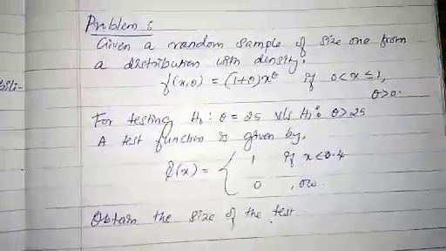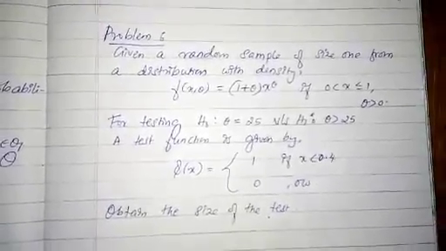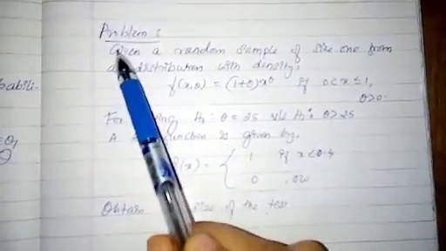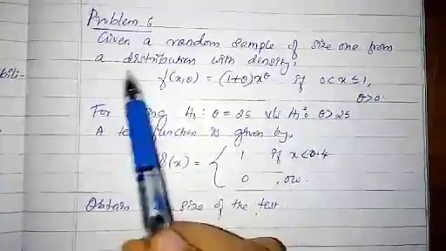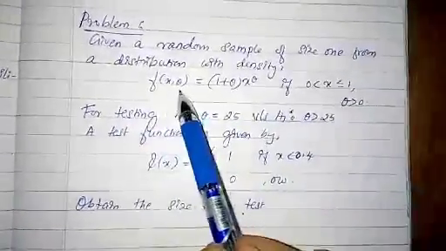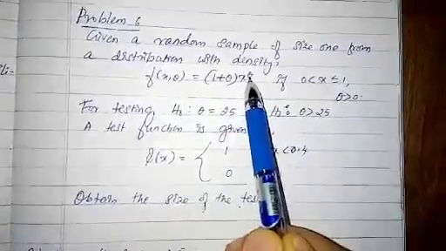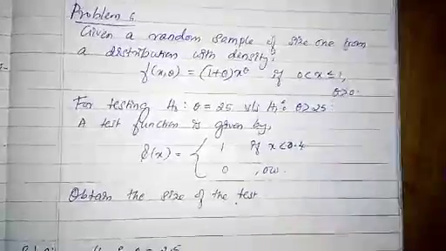Next, we will solve some problems related to size of the test. Here, one problem is that given a random sample of size 1 from a distribution with the density f of x, theta equal to 1 plus theta into x to the power theta if 0 less than x less than or equal to 1.